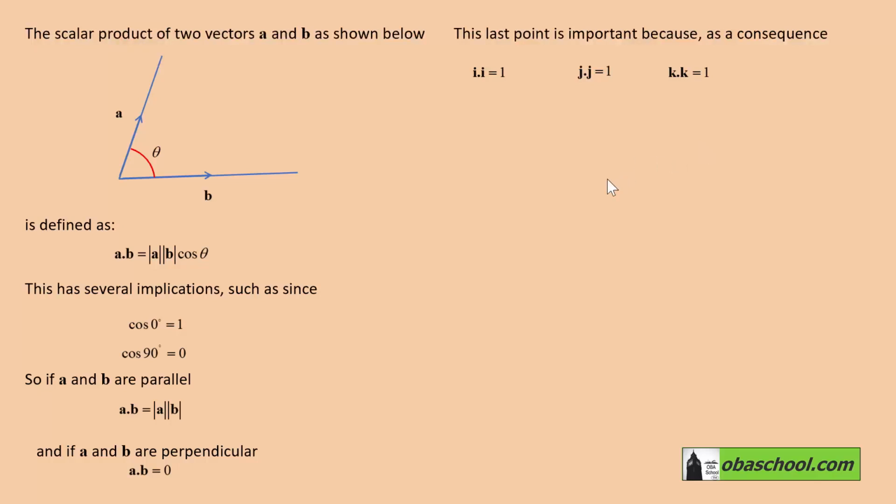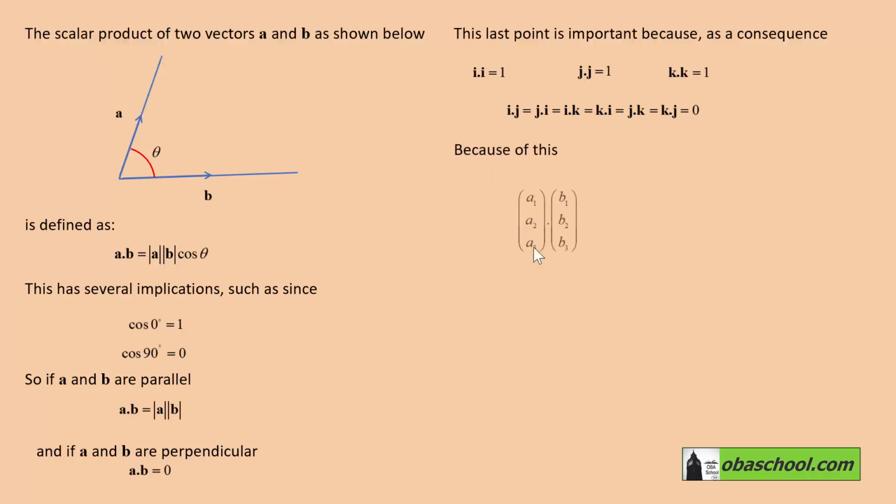But, and this is the key point, I dot J is equal to J dot I is equal to I dot K is equal to K dot I is equal to J dot K is equal to K dot J is equal to 0, and that's because the vectors I, J, and K are mutually perpendicular. So the cosine of 90 being 0 gives us that I dot J, for example, is 0 because it's 1 times 1 times 0.